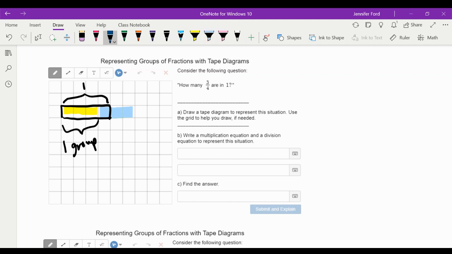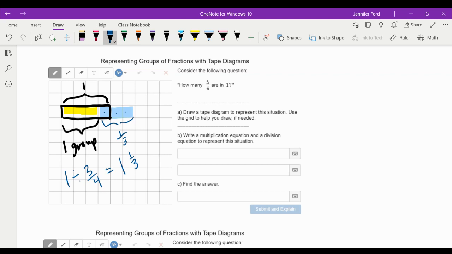To make the next group, I have one part, but I need 1, 2, 3 blocks. So 1 divided by 3/4 is going to be 1 and 1/3 because I can make one whole group and 1/3 of the next group.